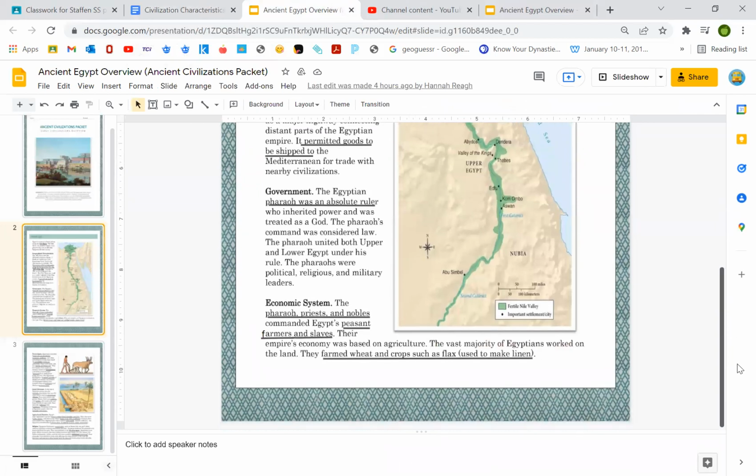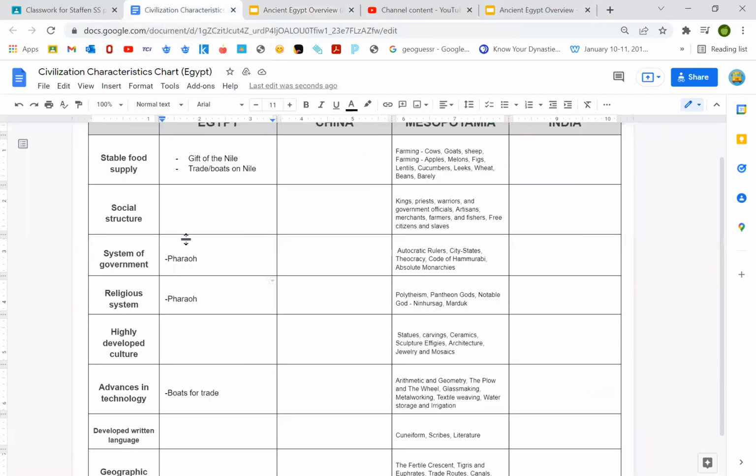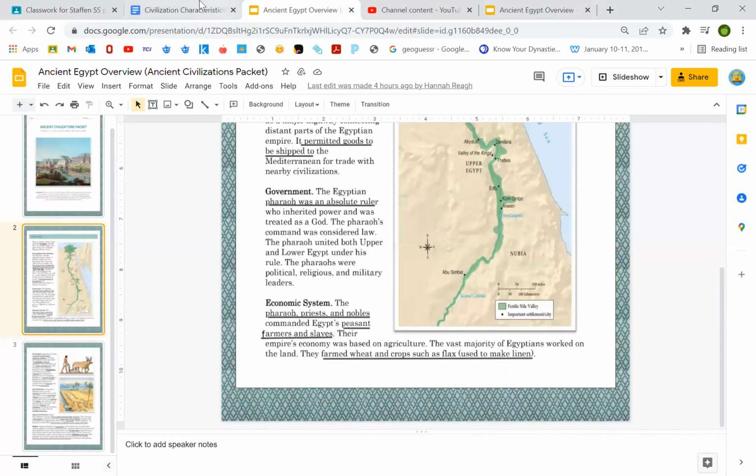Economic system. Pharaoh, priests, and nobles commanded Egypt's peasants and farmers and slaves. So it's evidence of a social structure. So Pharaoh, priests, what else did they say?